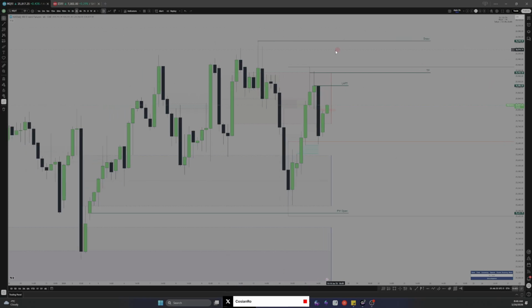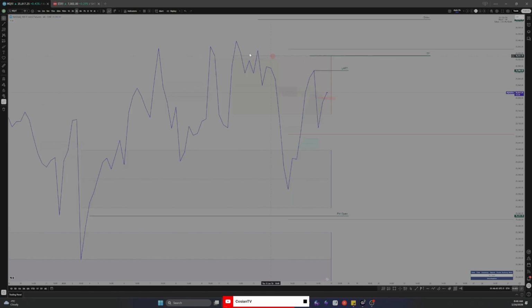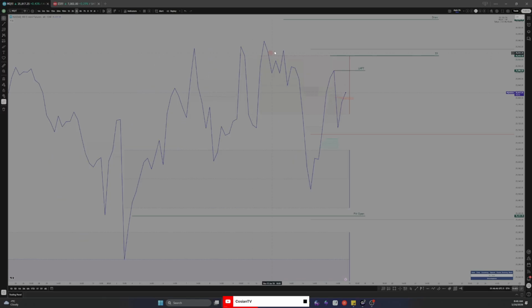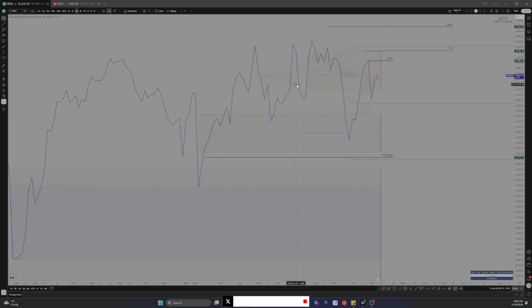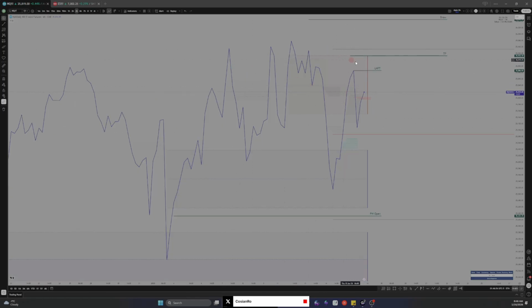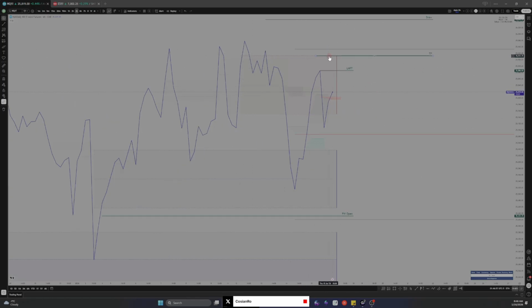Now we can fine tune this additionally. Yesterday I showed you, if you go to a line chart, you can properly mark some levels, some peaks based on the peaks here. So the more peaks or troughs that touch a line, the better confluence you have.